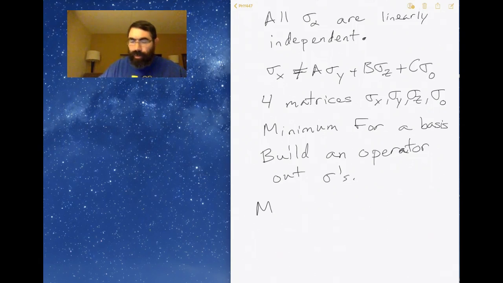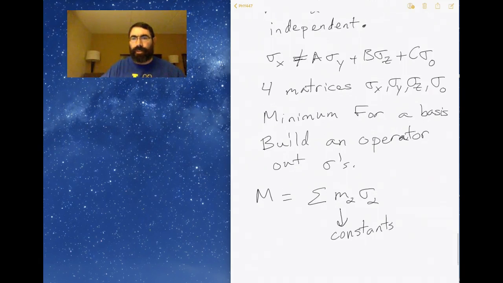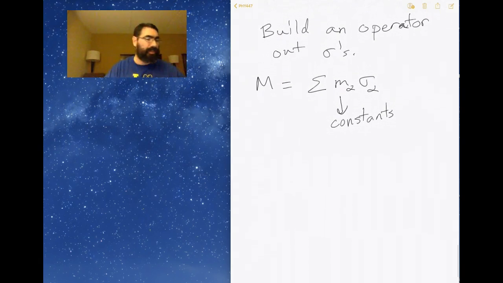I can have an operator M, which is the sum of some constant M sub alpha times the four matrices. These are just constants, just factors, which scale the Pauli spin matrices. So really the last question is, how do we get those constants M sub alpha? How are we going to find out what they are?